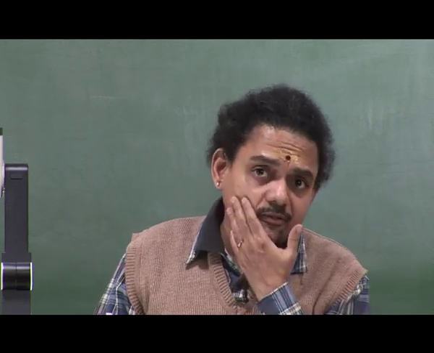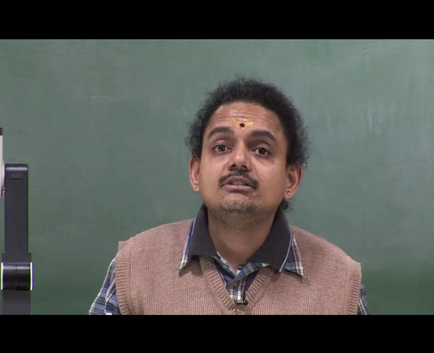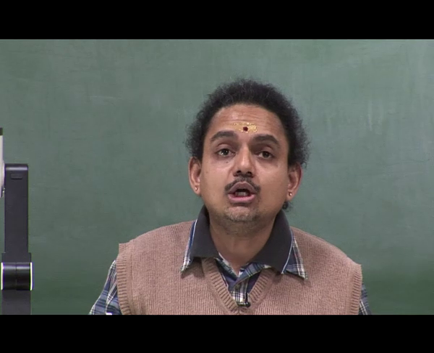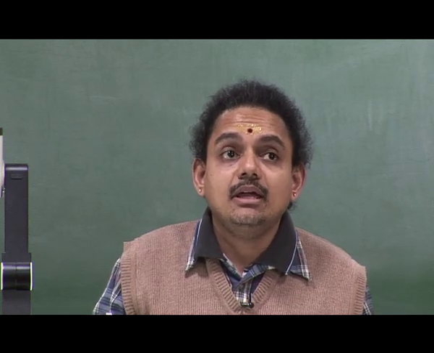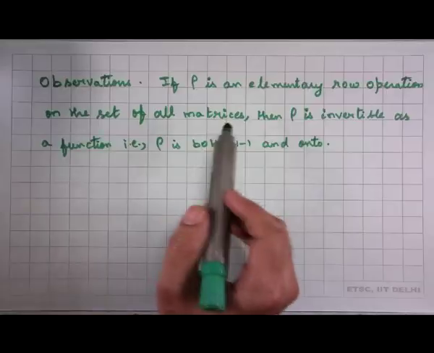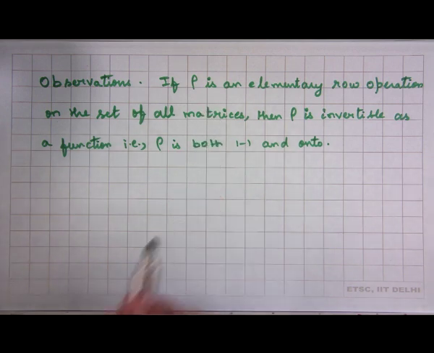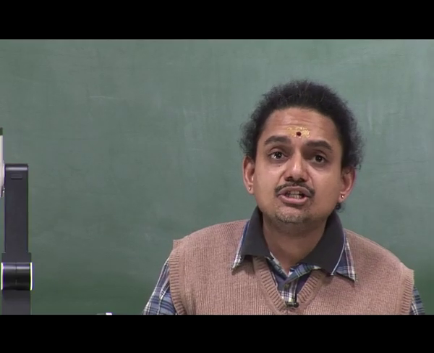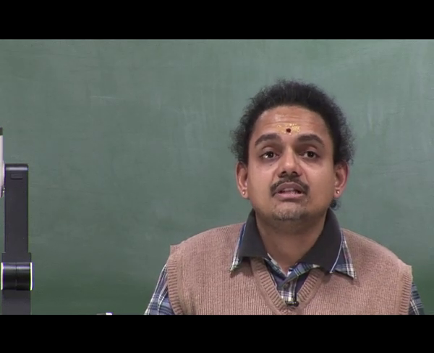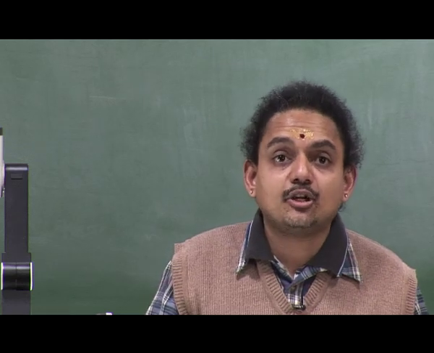In fact, in the last set of lectures on sets and functions, we observed that if you have a function which is 1-1 and onto, then such a function can be inverted. So, the same thing is happening here, that is every row elementary operation can actually be inverted. The first row elementary operation, interchanging of two rows, is an invertible operation because its inverse is again interchanging the same set of rows.